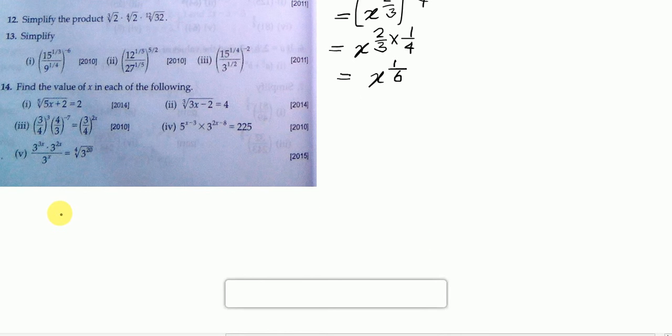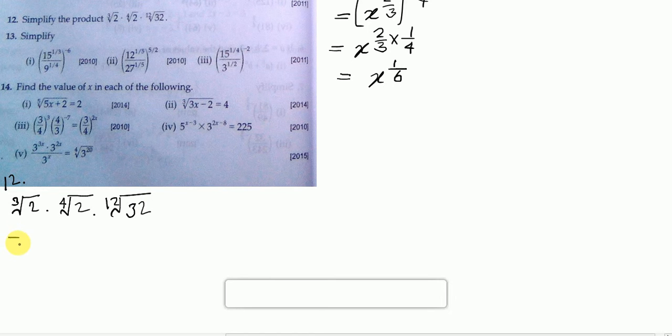12th question is simplify the product. Cube root 2 into 4th root 2 into 12th root 32.